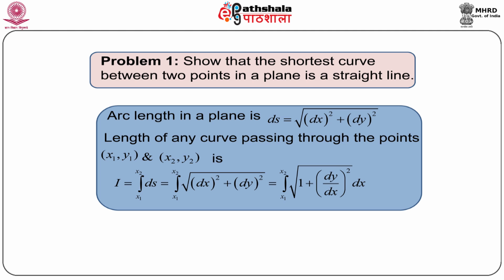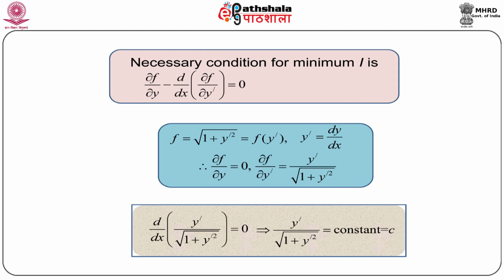Here s is the arc length, please note it. Since we have to find the shortest curve, I must be minimum. The necessary condition for this is ∂f/∂y minus d/dx of the partial derivative of f with respect to y dash equal to 0.